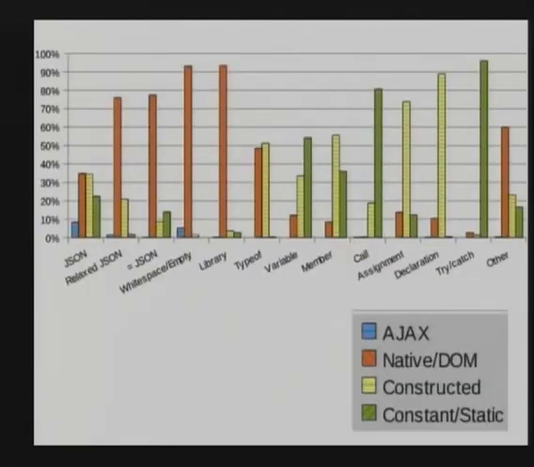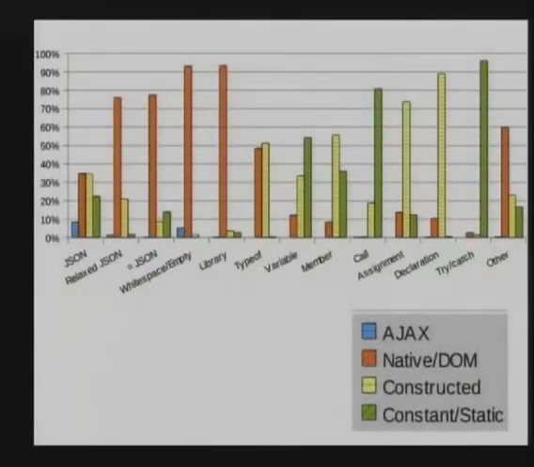And so there's a slightly more detailed version of this, which tries to break down, for every kind of eval, where did it come from? We can see that, for instance, if we pick JSON, the majority of JSON objects come from native sources.